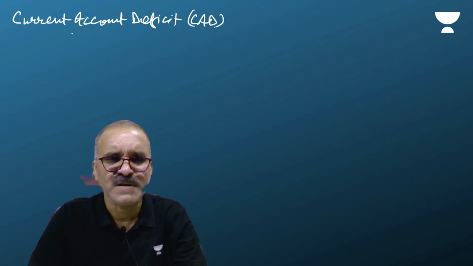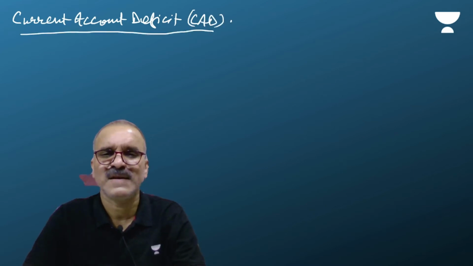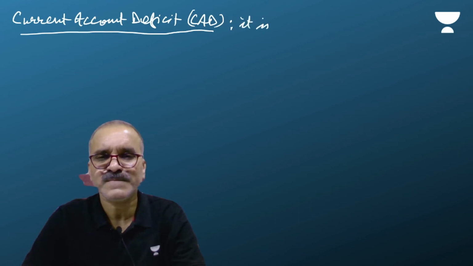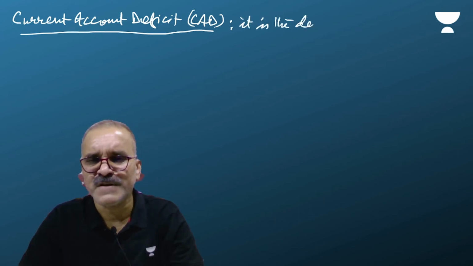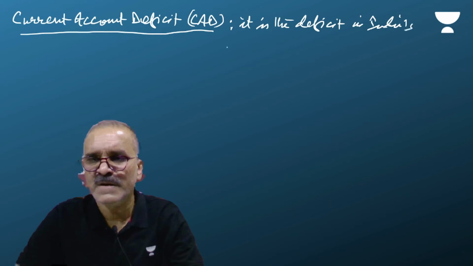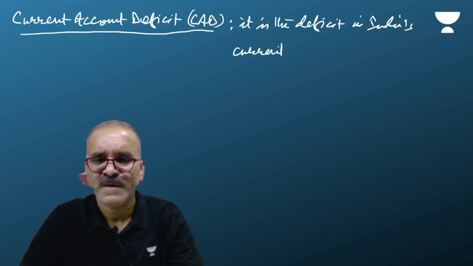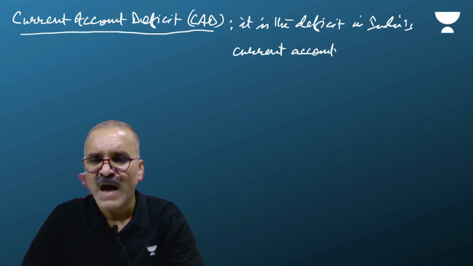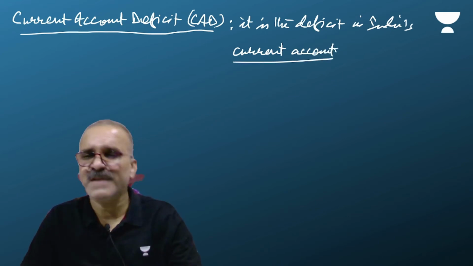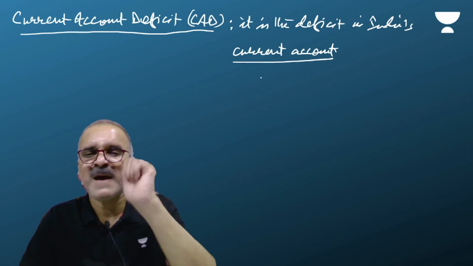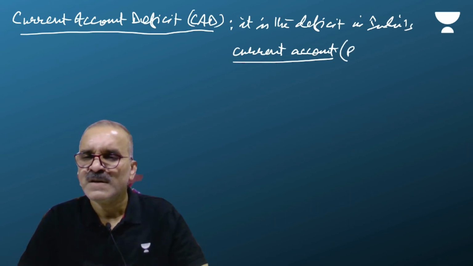To the extent current account deficit is concerned, what exactly is it? It is the deficit in India's current account. The current account of every country is maintained by the central bank of the country on behalf of the nation and government. In India, it is maintained by RBI.